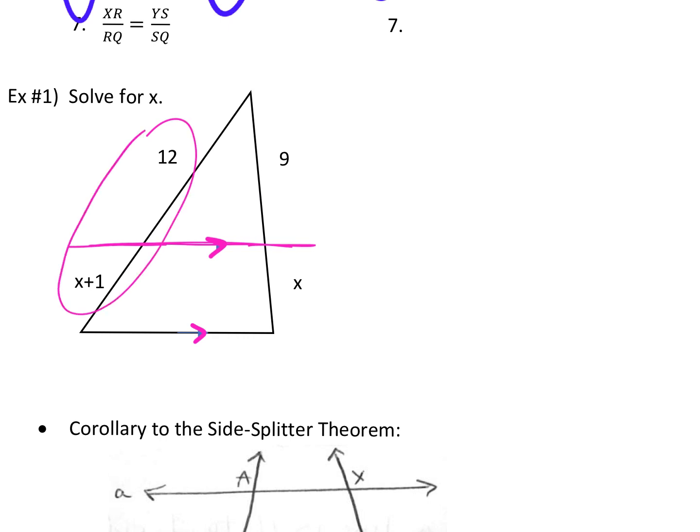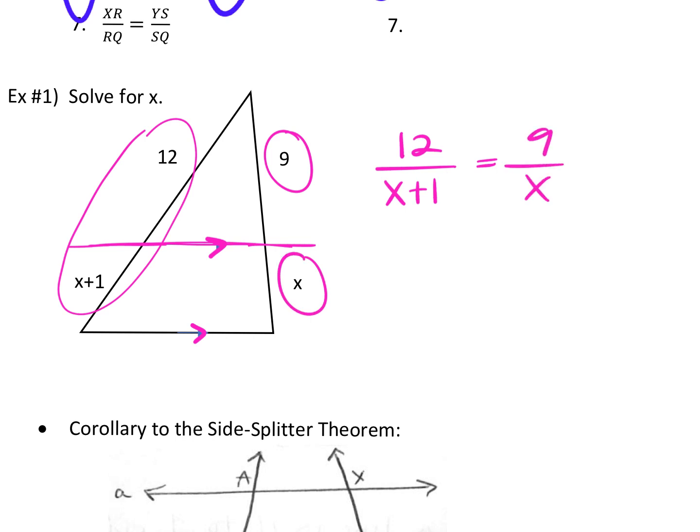This is 12 over x plus 1 should equal, and if I start top and go to bottom, then I got to start top and go to bottom again, 9 over x. And then from here, it's just cross multiply.